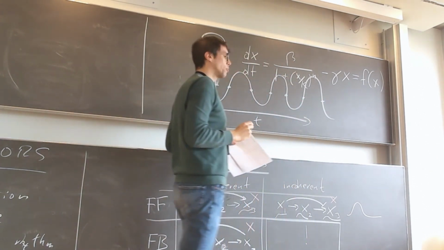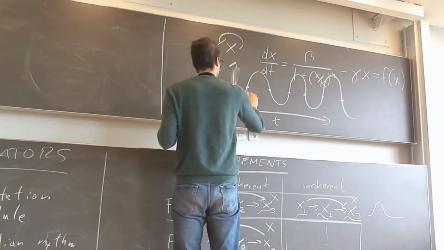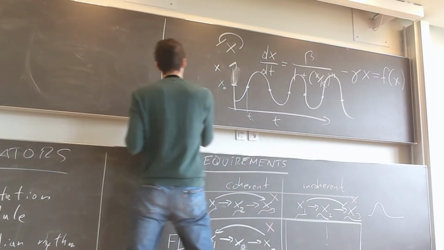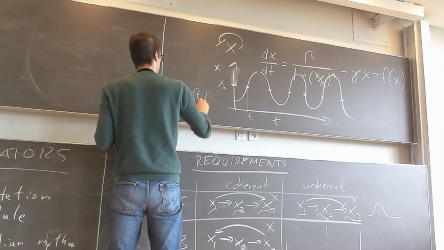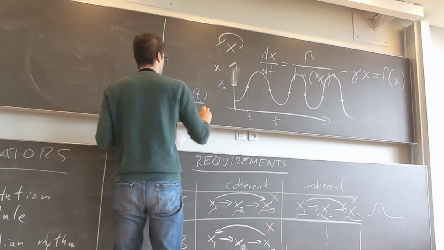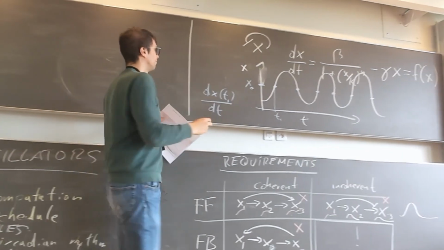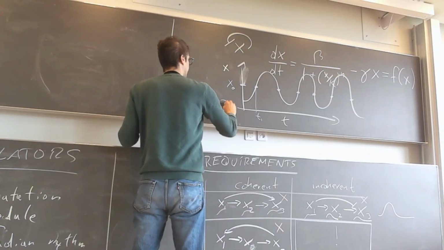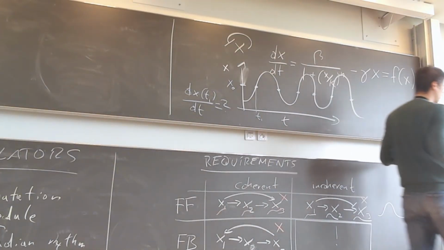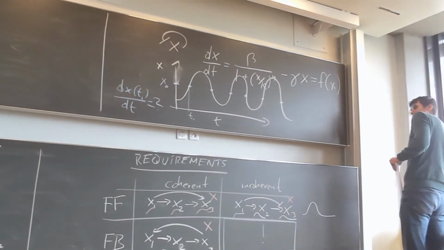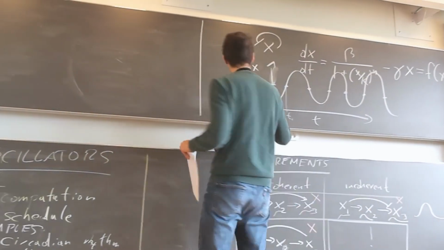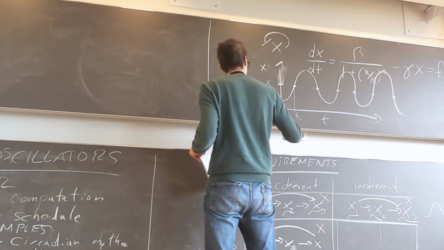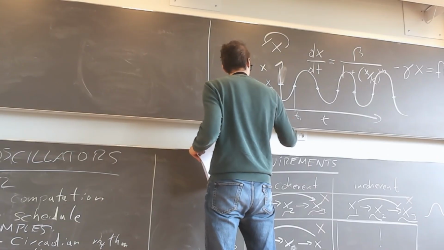And now, of course, we can ask the question. Let's say this is t1. Ask the question, what is dx/dt at t1? We know what it is. Because we do have the differential equation, this has to be f of x0.